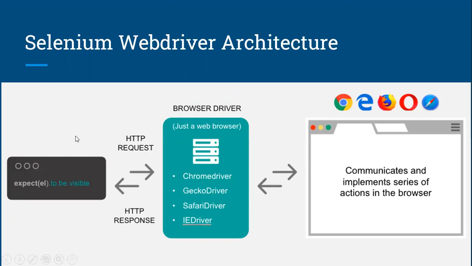So for one action written in Java or C# when you run your test script, the language binding will convert your command to JSON and send it to the driver here, and the driver will communicate with the corresponding browser, and respond with the result to the script.